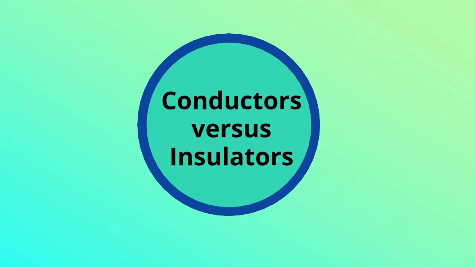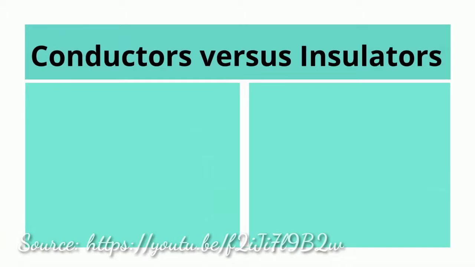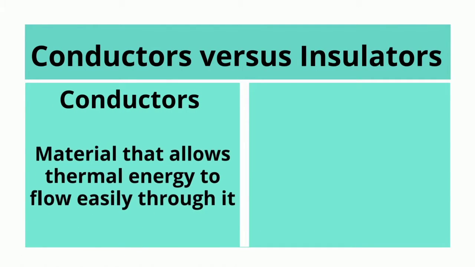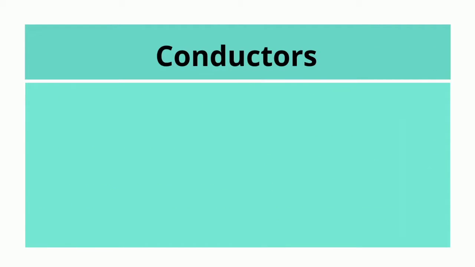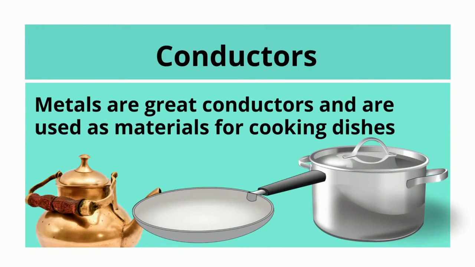Conductors versus insulators. Conductors: material that allows thermal energy to flow easily through it. Insulators: material that slows down the flow of thermal energy transfer through it. Metals are great conductors and are used as materials for cooking dishes.